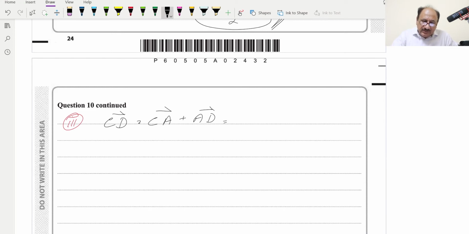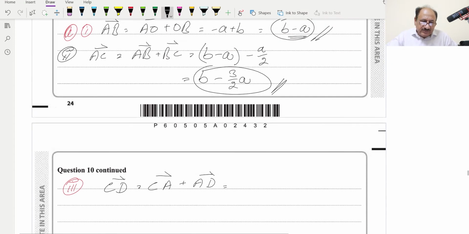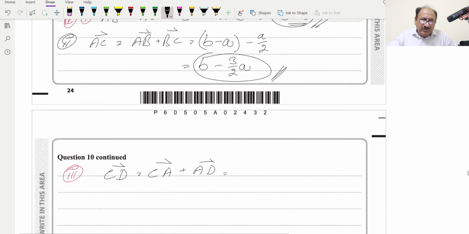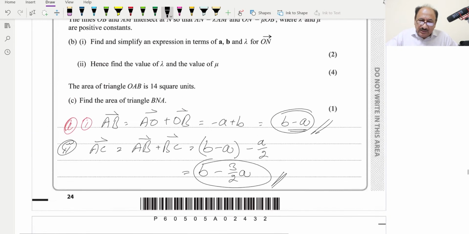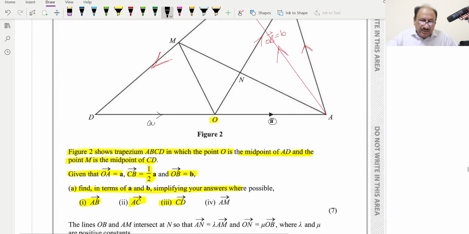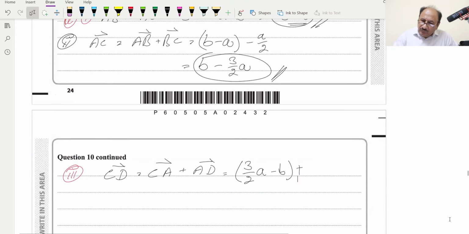CA we have just calculated, basically AC we calculated. So we will change the sign. So it will be 3 by 2 A minus B. This will be CA, and plus AD is what? AD is minus 2A. So we will write here minus 2A.